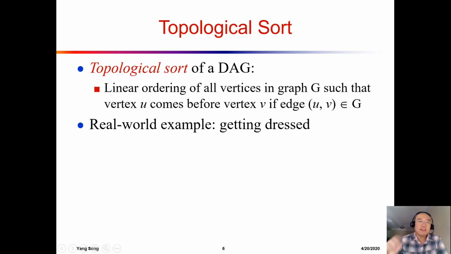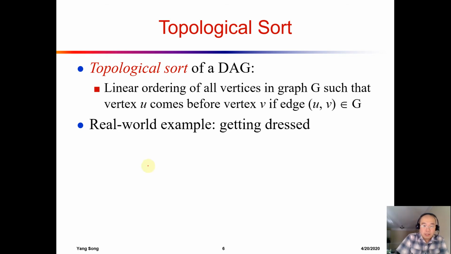And the next thing, it's a really funny topic. So topological sort. And what we are trying to do is, if we have a DAG, a directed graph without a circle, then we can come up with a sorting, and if we follow the sequence, then we won't violate any of the sequences.